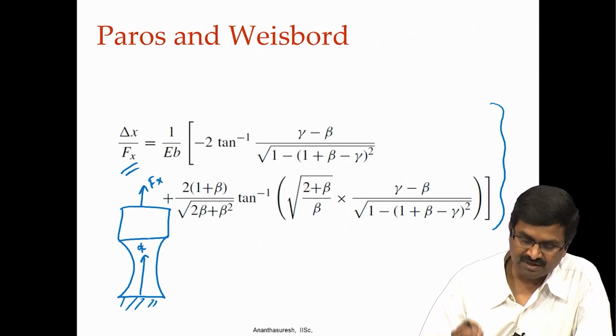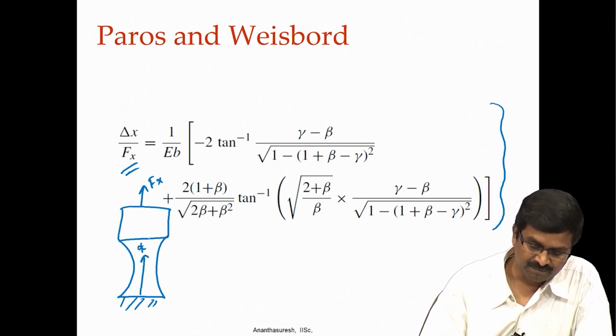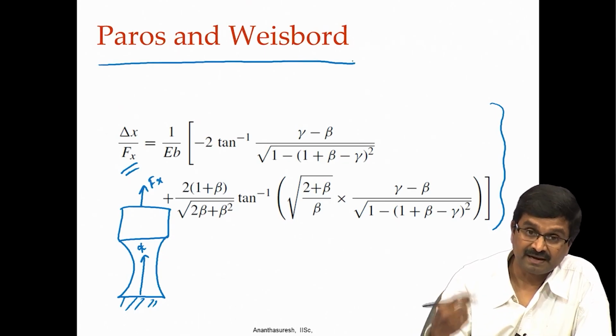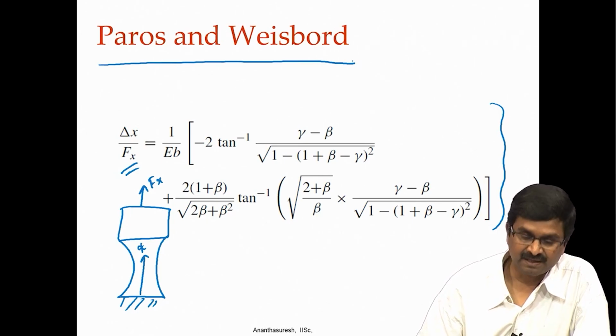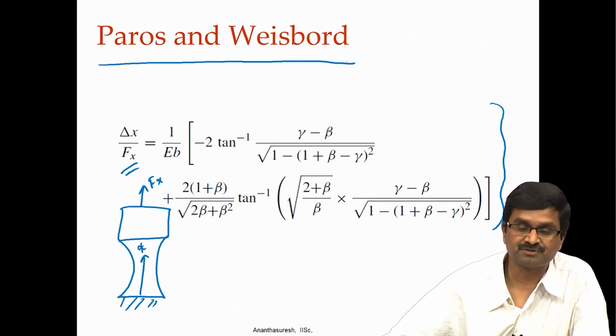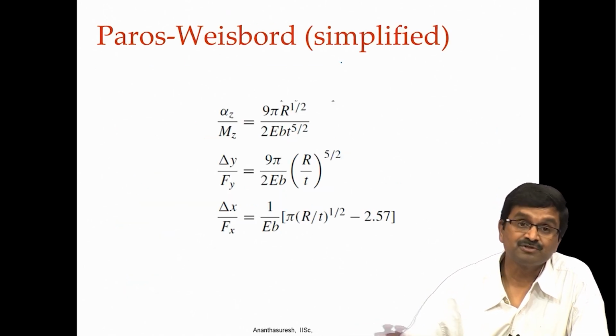So, note that just because these formulae are long, let us not think that it is complicated, it is simple with a lot of assumptions. But the work of Paros and Weisbord in 1965, whatever they had done, was very widely used. Even till today people in the industry use it a lot, because they were the first ones to do this, and they were also very clever.